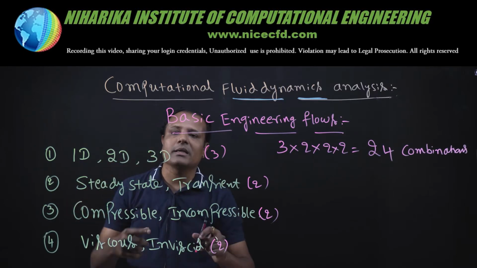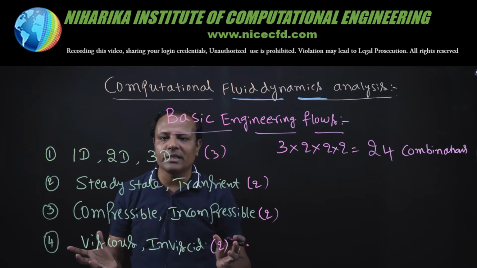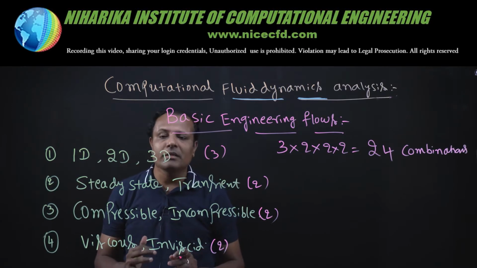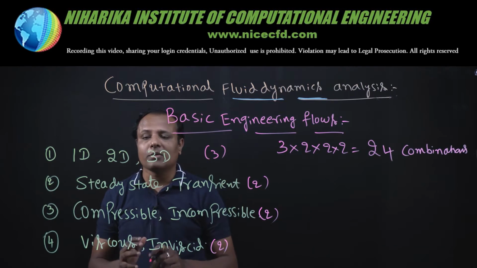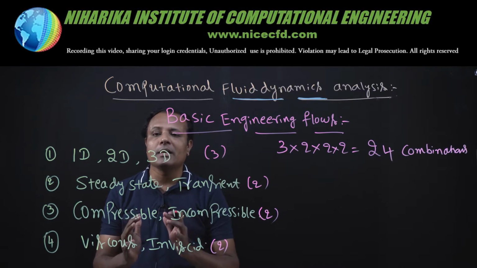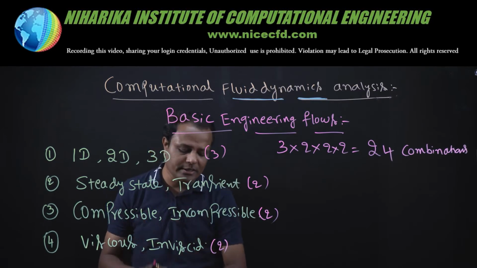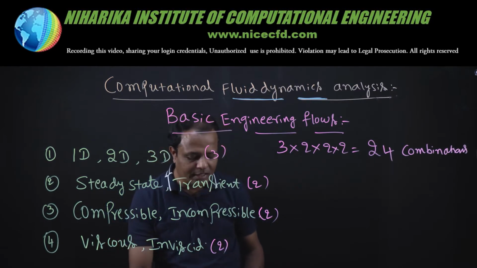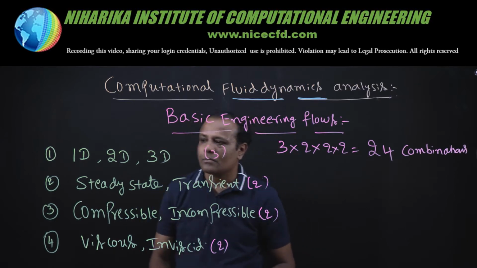Like this, I can have 24 combinations of flows. In that, I am going to take the one which has terms applicable for the remaining 23 combinations. Which is that one? That we will understand now.